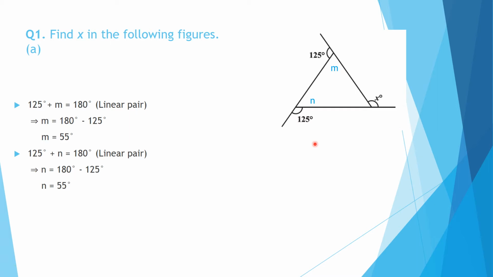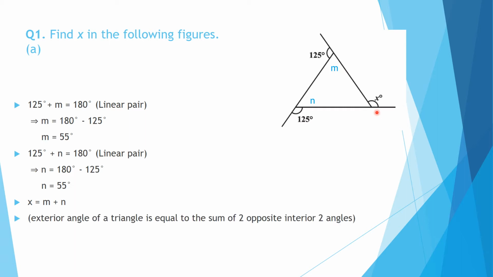Now X is equal to M plus N, as I told you that X is the exterior angle for this triangle having M and N as the interior opposite angles. So the exterior angle of a triangle is equal to the sum of the two opposite interior angles. So X is equal to 55 plus 55, that is M plus N. So the value of X is 110 degrees. Here both 125s are also exterior angles.